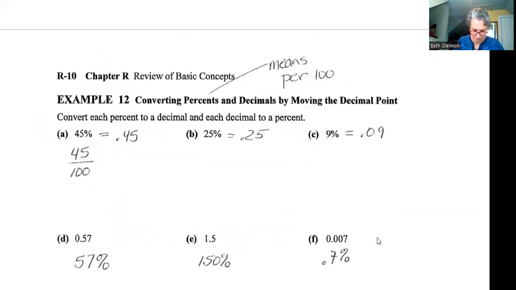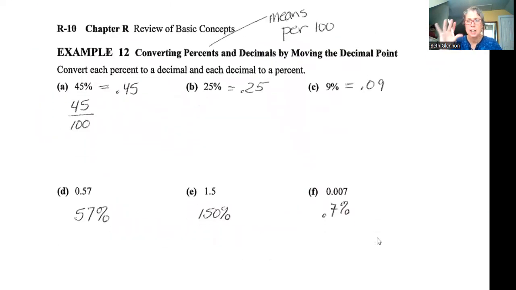Converting fractions to decimals. Okay, percents. Now let's go back to what percent means. Percent comes from the Latin, which means per 100. So if I say 45%, I'm saying 45 out of 100. As you look at these, I want you to have it go through your head, out of 100. When I say 65% of people prefer Coke over Pepsi, I'm saying 65 people out of 100, okay?